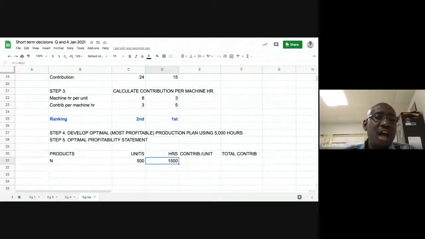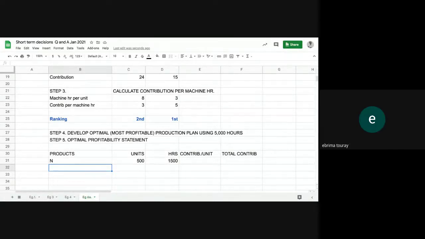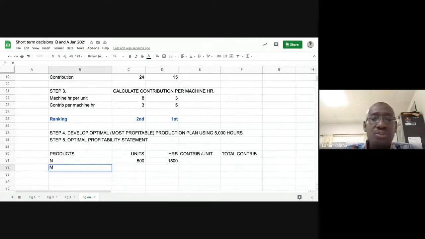Now we know we have only 2 products. If it is not product N, it's product M. So now we have to calculate the total number of hours, and we remove the hours that we're going to use for N, and whatever remains will be the hours that we're going to utilize for M. So let's go down and do our total.